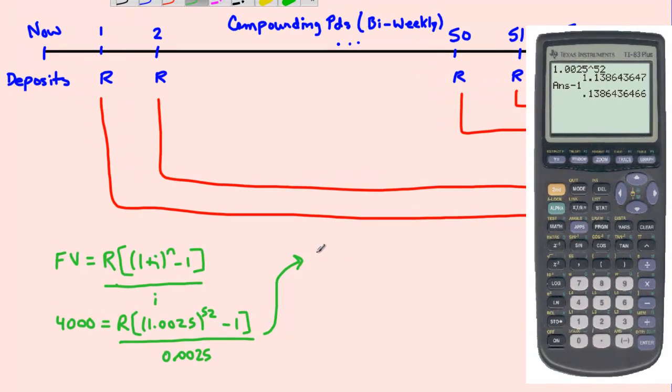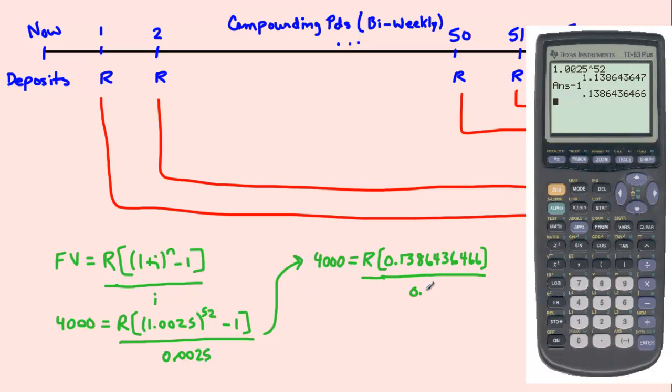So let's write 4,000 equals R times 0.138643666. I don't want to miss any of these decimal places because it could affect my final answer. And then all of this divided by 0.0025.